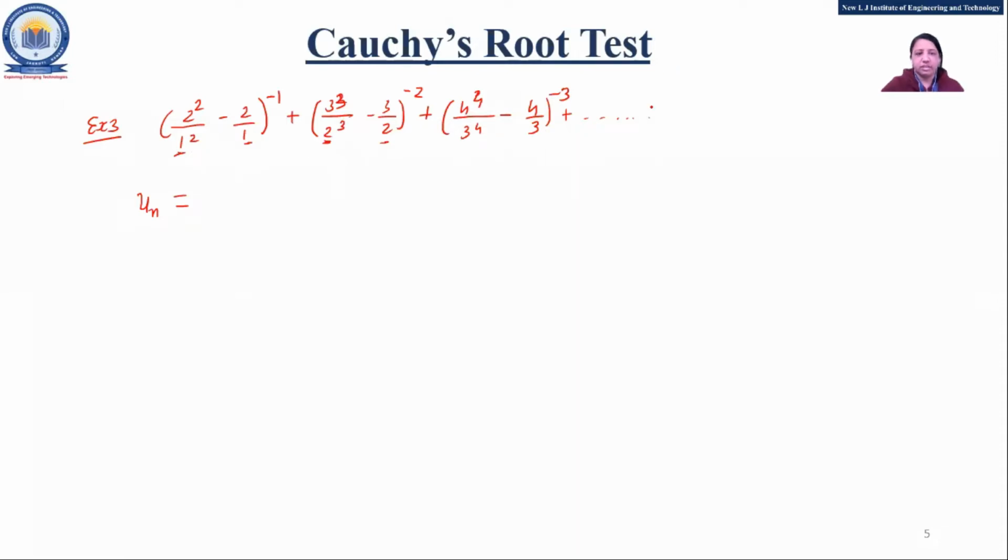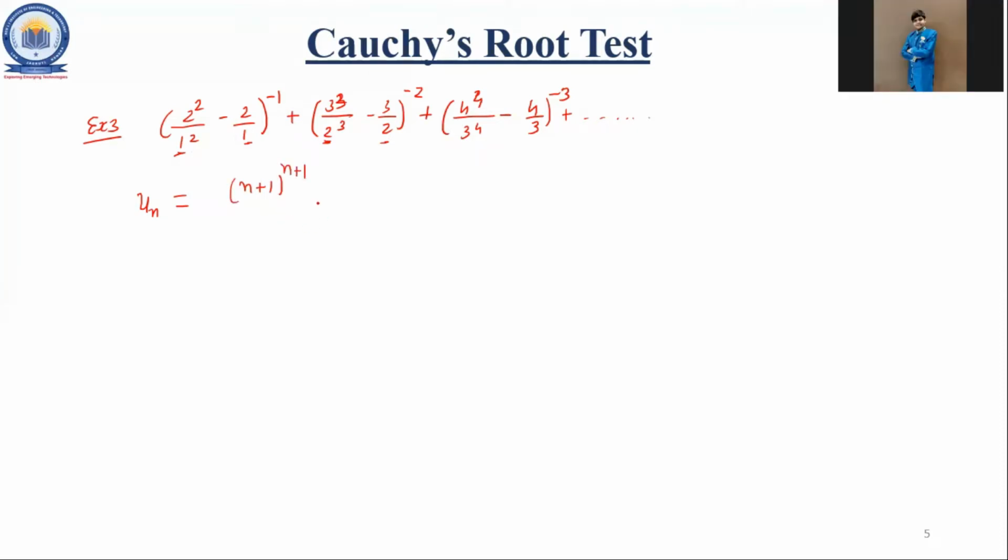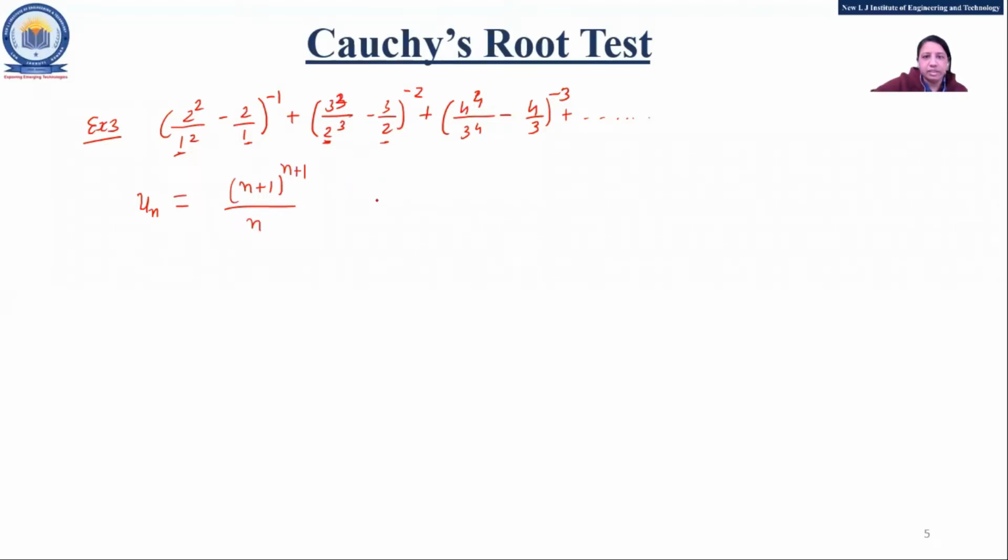23. Yes, ma'am. What should be the general form of this one, un? N plus 1 whole square. Okay, I'll write n plus 1 raised to n plus 1, upon n raised to n plus 1, here also like this.